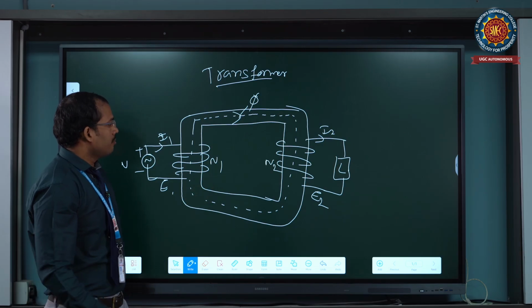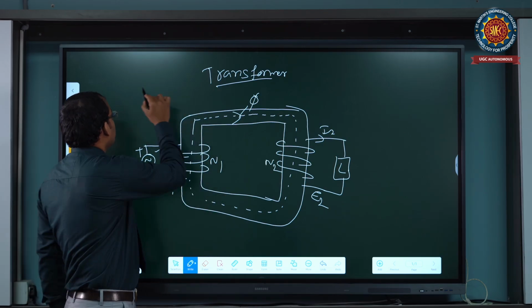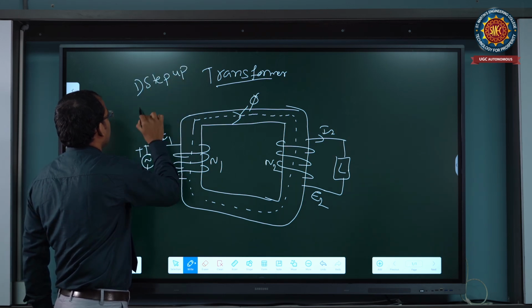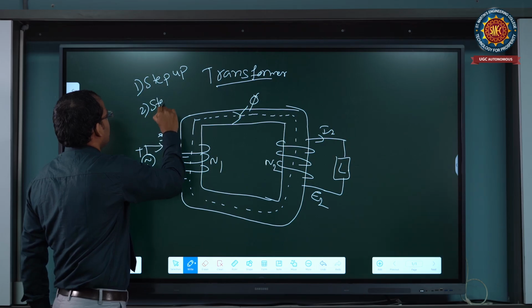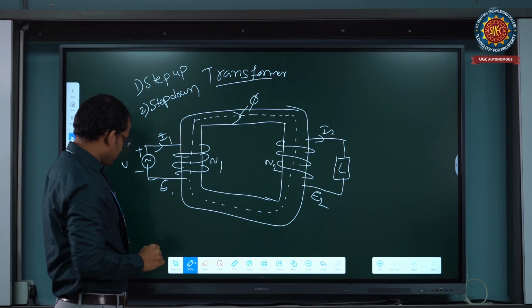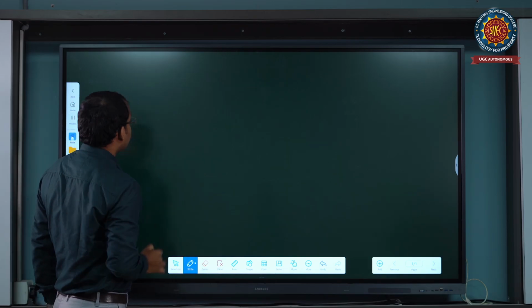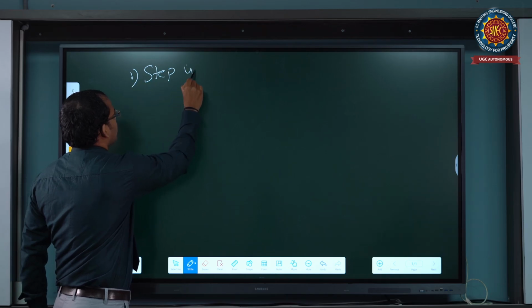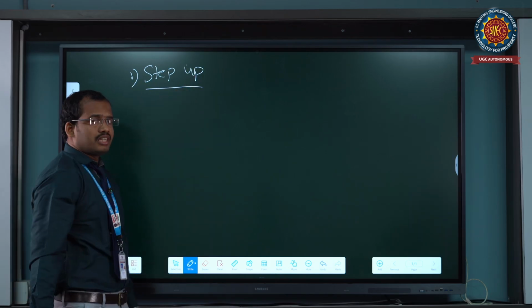We have already discussed that transformers are basically of two types: step up and step down. First, the step up transformer.